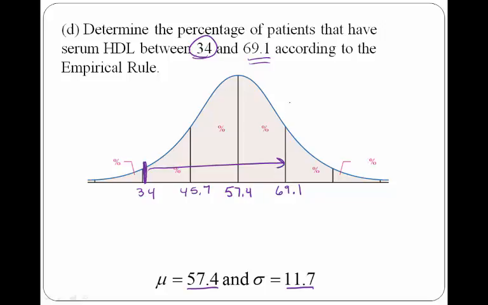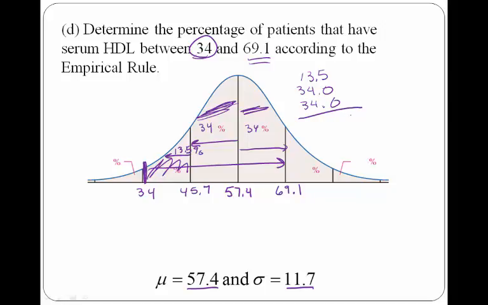We can use the empirical rule. We know that 1 standard deviation above the mean is 34%, and 1 standard deviation below the mean is another 34%. The second standard deviation below the mean is another 13.5%. So this section here is 13.5%, and this section here is 34% of the data, and this section here is 34%.